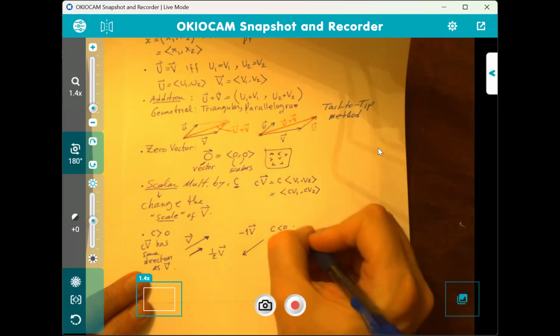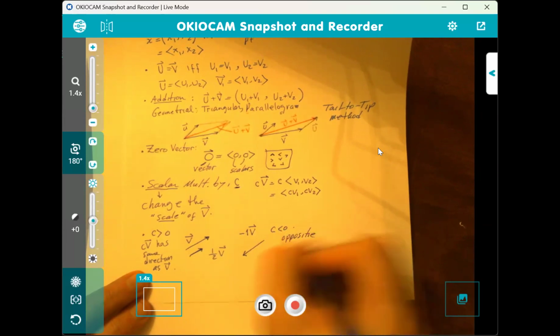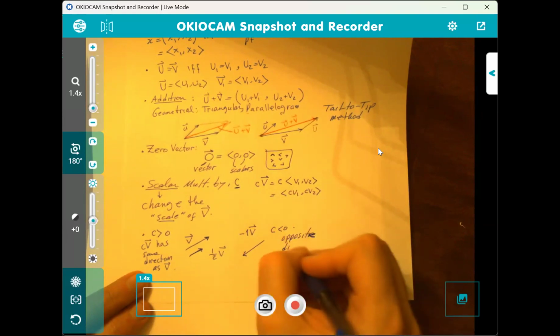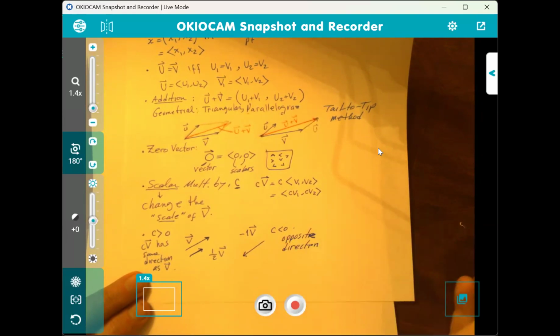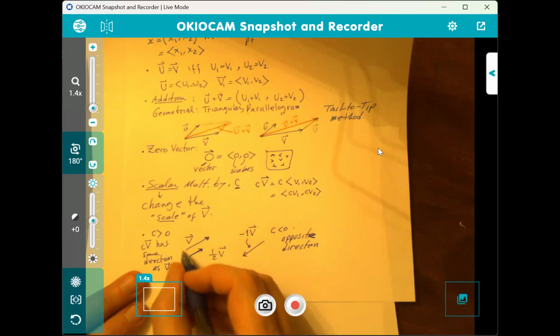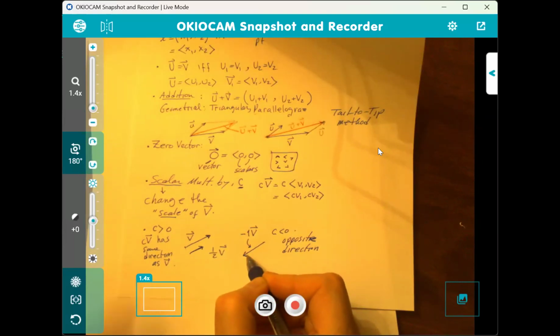So C less than 0, then we will have the opposite direction. Okay. So this vector is negative 1V, exactly the same magnitude as V. Like if this is an inch long, that would be an inch long also, only going in the opposite direction.